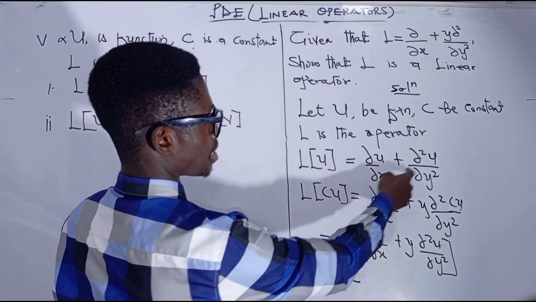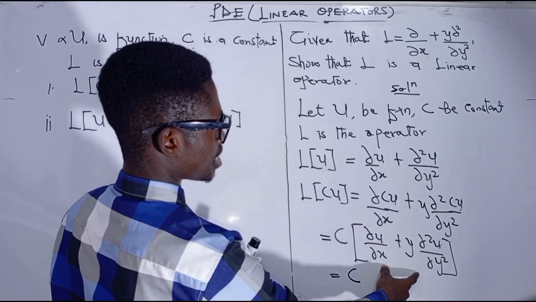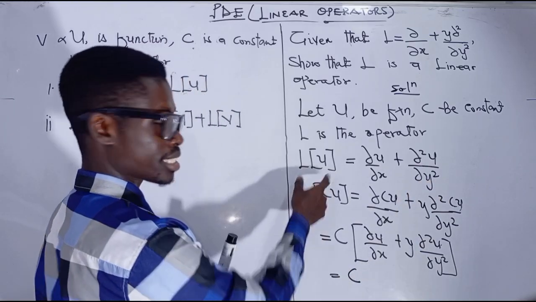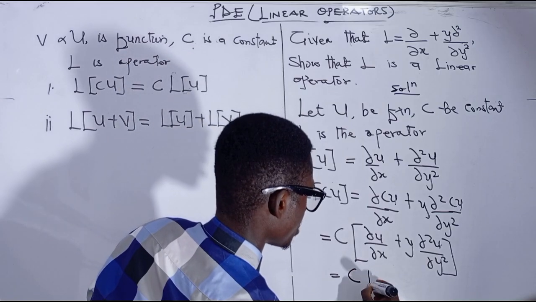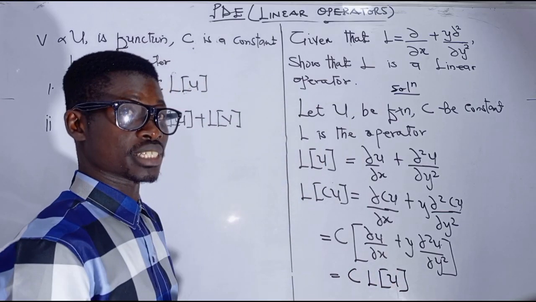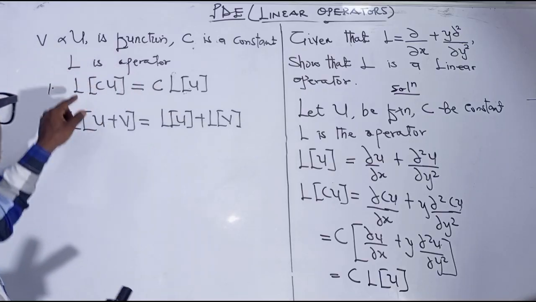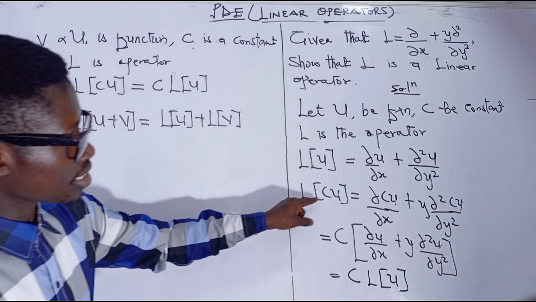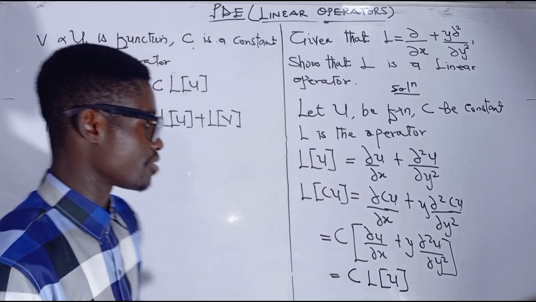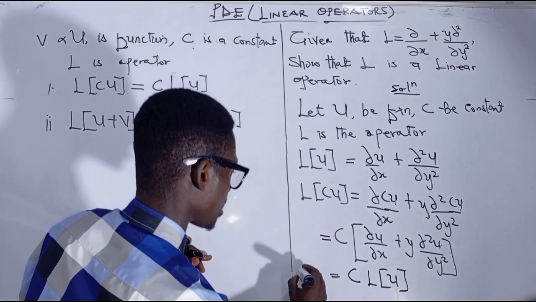Del u del x plus del square u del y square is the same thing here. So in place of what is in the bracket, we can replace it with Lu. So the first condition is satisfied, which is that L(cu) is equal to cL(u).